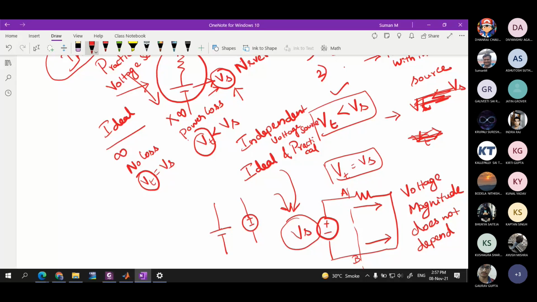This source voltage is not going to change in any case. Is that clear? This is mainly about the independent voltage source, where we have classified it as ideal and practical. If you have any doubt, you can ask, else we will proceed further.